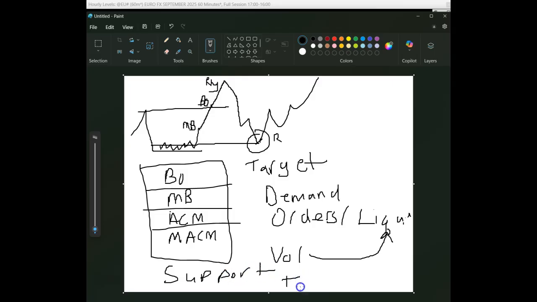Support and trade location to identify, look for a reversal.